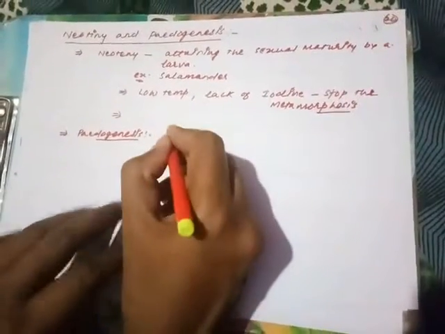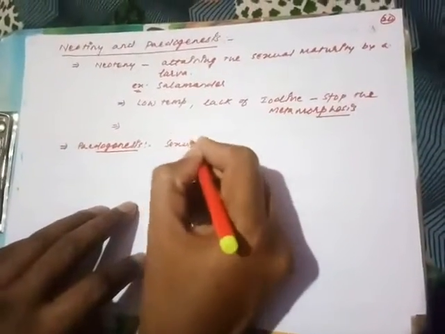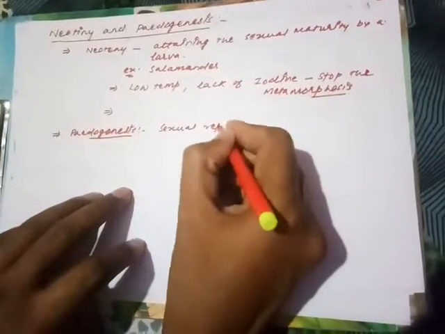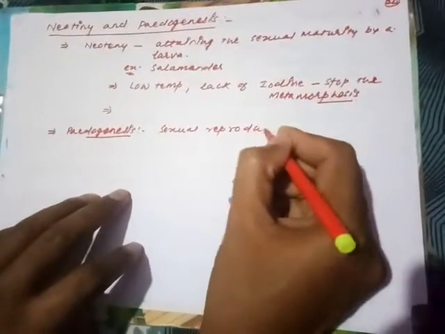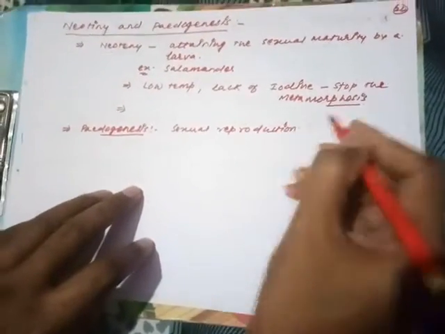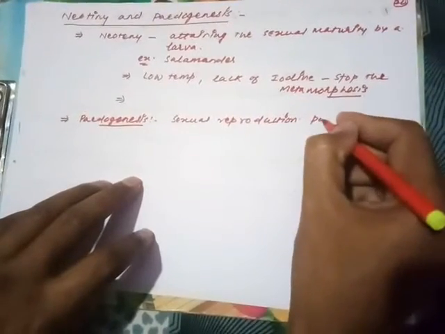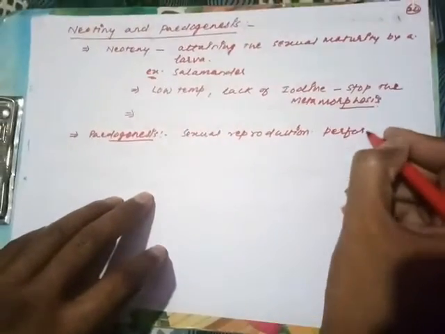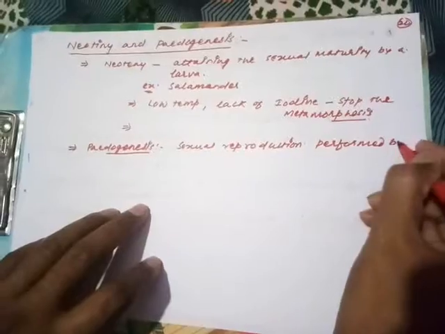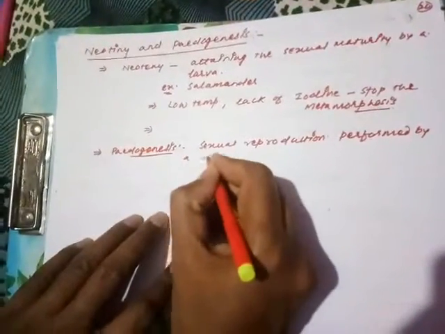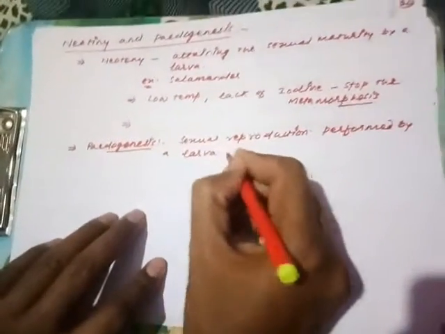Are you getting my point? Sexual reproduction performed by a larva is called pedogenesis.